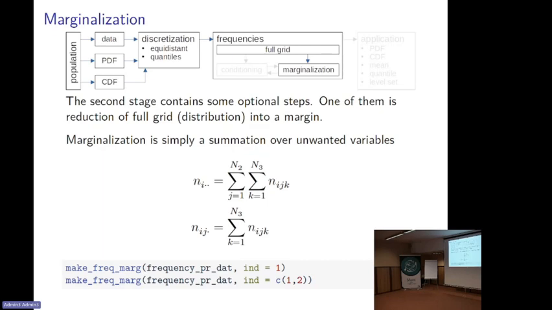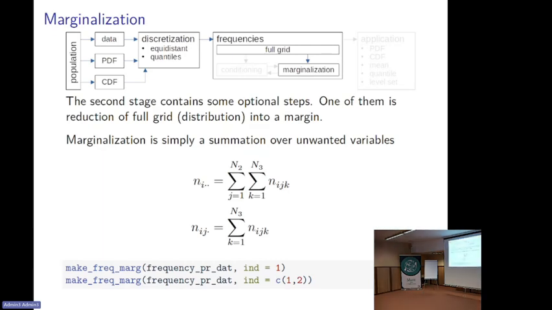Usually we don't want to work with a full distribution. We like to focus on some of the random variables. So we need to marginalize the full distribution, or also marginalize the full grid.